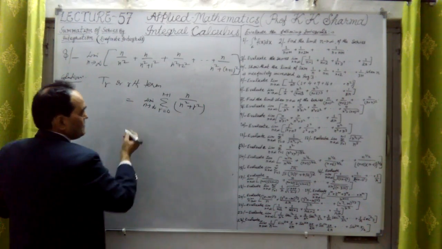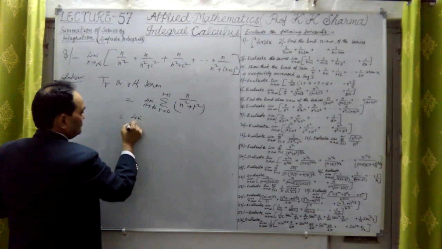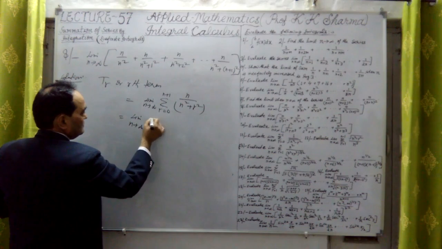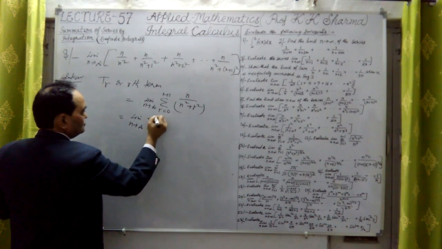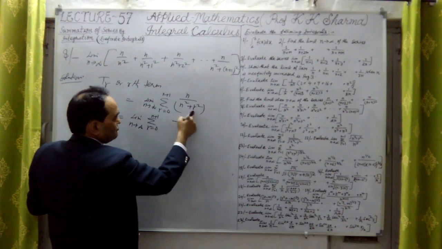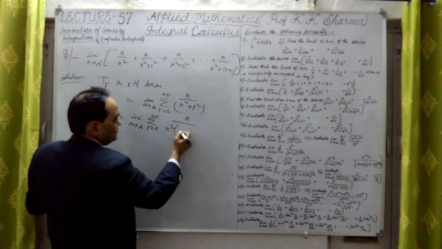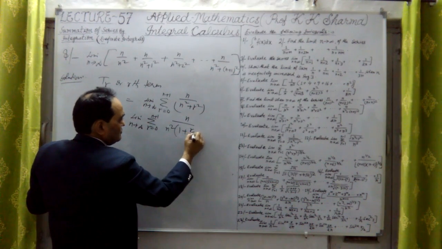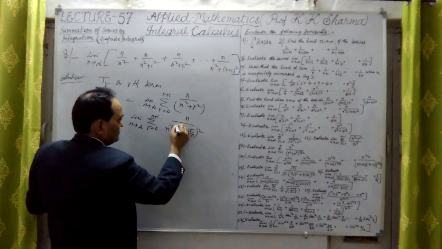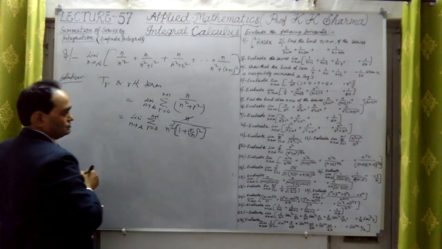Now let me take the limits, or convert this into r upon n form. So this is limit n tends to infinity, sigma r equal to 0 to n plus 1. If I take n square out of the bracket in the denominator, it will be 1 plus r upon n whole square, and one n cancels out.